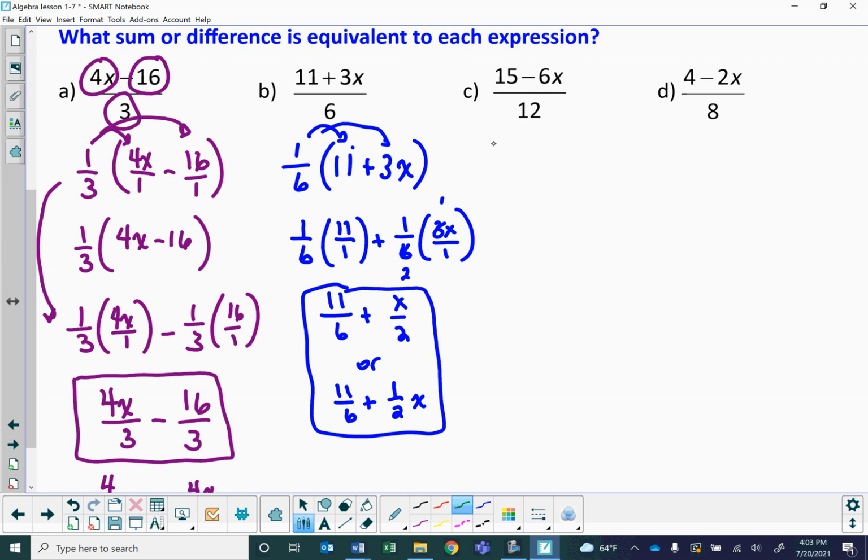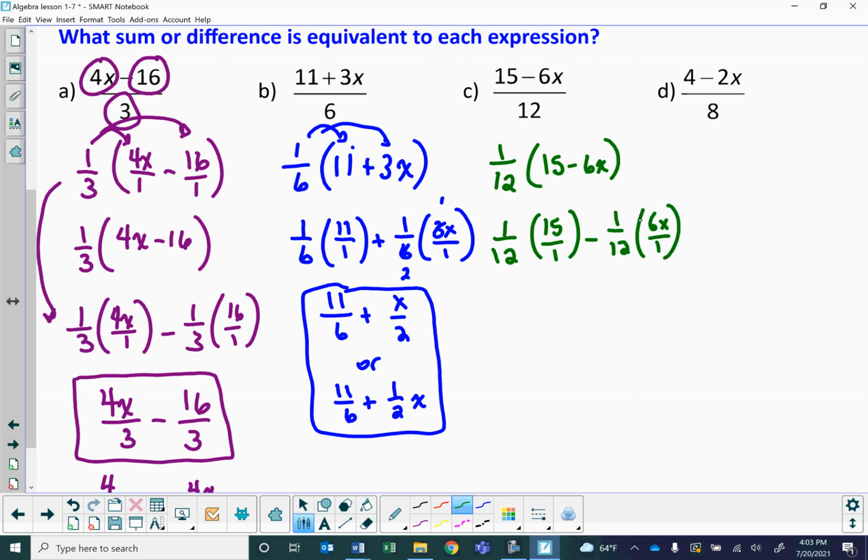So we're going to do 1/12 times everything now. So 1/12 times 15 minus 6x means we're going to have 1/12 times 15 over 1 minus 1/12 times 6x over 1. I'm running out of space here a little bit. 12/15 does reduce. 3 goes into 12 4 times, and 3 goes into 15 5 times.